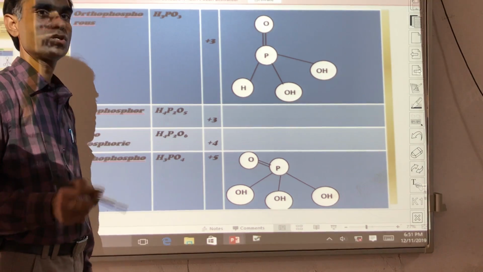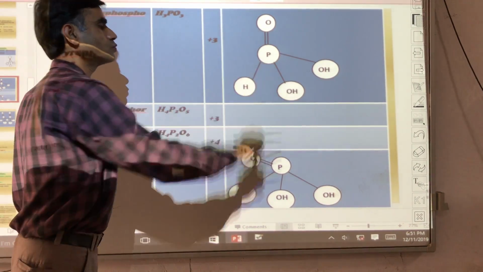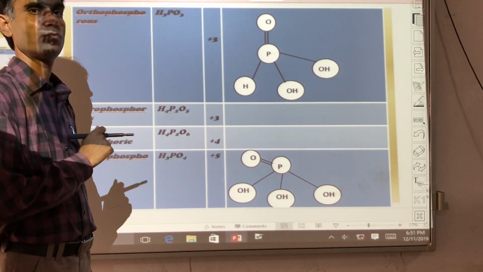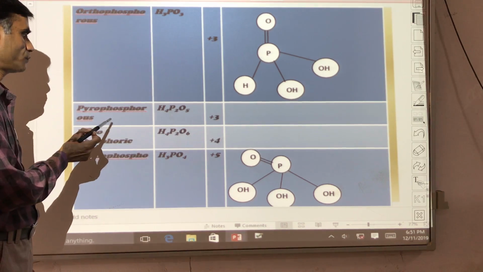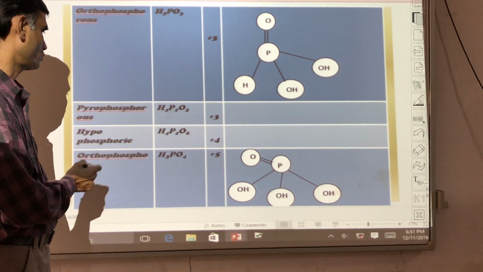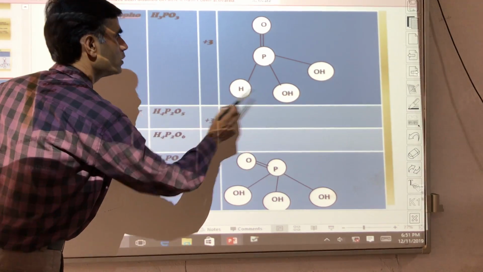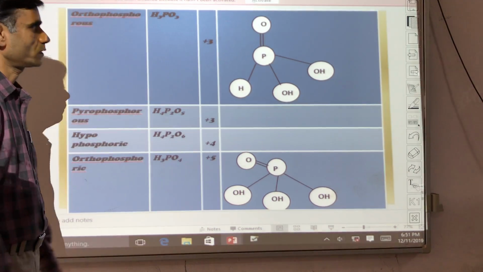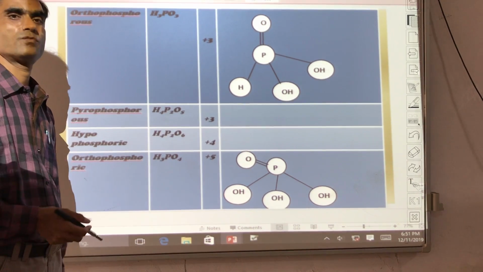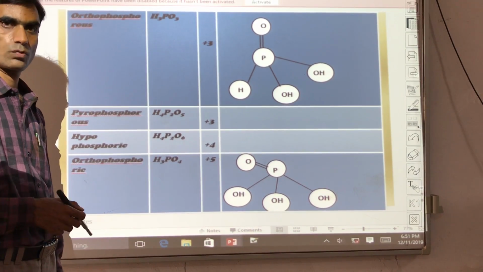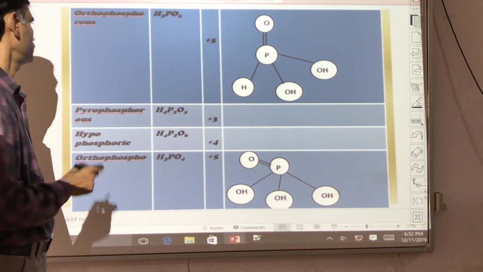And in case of H3PO4, orthophosphoric acid, we have 3 OH groups, so it will be tribasic. You can note that down. You need to learn the structures, which must be given in your NCERT textbook. From there you can note them down easily because the structures are also asked.